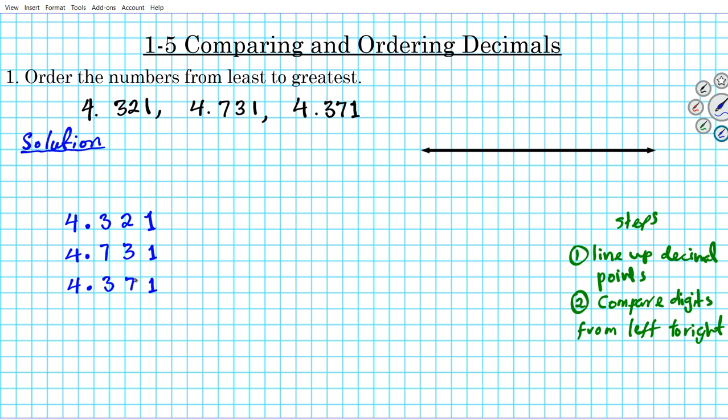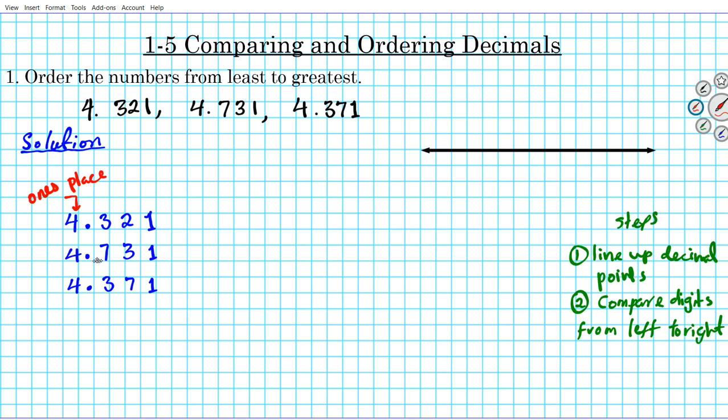And then we're going to start comparing from left to right, the biggest place value. The biggest place value is the ones place in this situation. Another thing to keep in mind is to make sure that all the place values are filled.